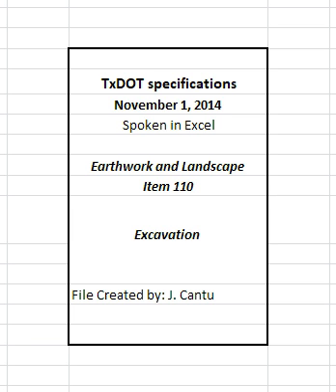4. Payment. The work performed and materials furnished in accordance with this item and measured as provided under measurement will be paid for at the unit price bid for excavation, roadway, excavation, channel, excavation, special, or excavation, roadway and channel.